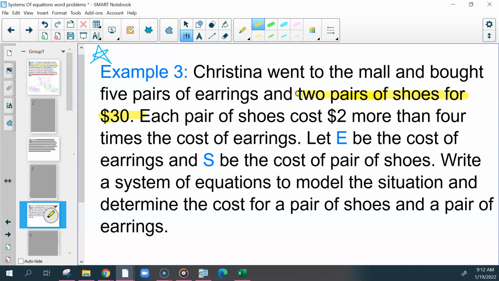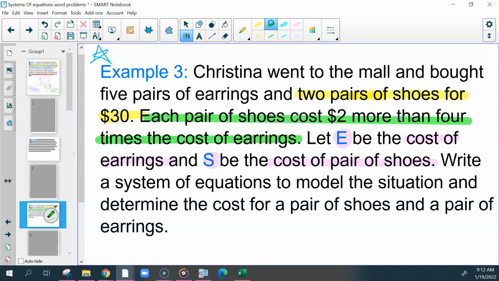The letters. E is the cost of earrings. S is the cost of her shoes. This entire sentence: each pair of shoes costs $2 more than 4 times the cost of earrings.